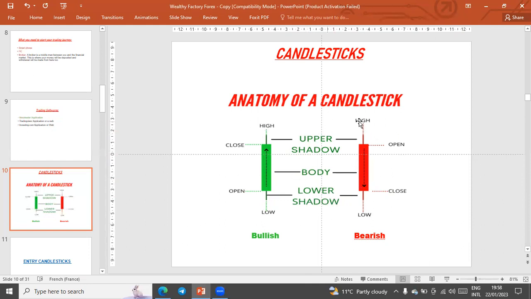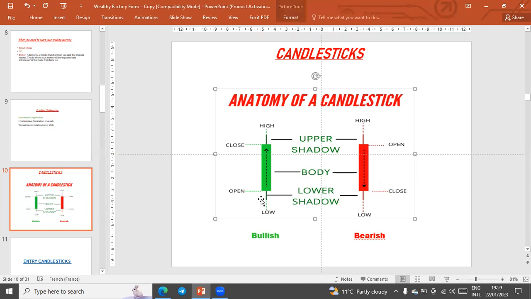So this is all about the anatomy of a candlestick. This body here, the shaded part, the bigger part, is called the body. Then this part here that looks like a skeleton or a tail is called a shadow or a wick. So this one is called a wick, and this one is the body.